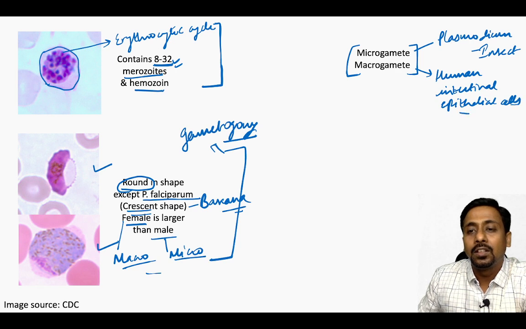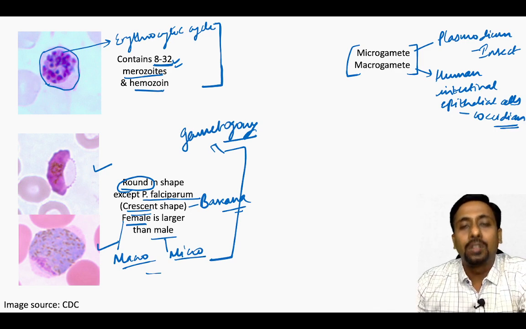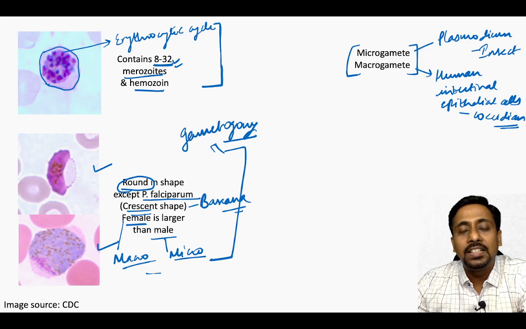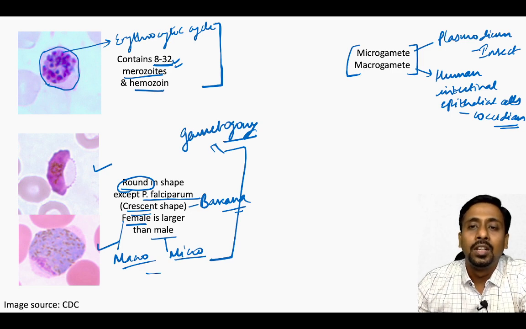So just remember right now that in case of coccidian parasites, the microgametes and macrogametes, that is sexual reproduction, occur inside the intestinal epithelial cell. So in that case also we cannot see them in the stool specimen, and in case of malaria we cannot see them because these are formed inside the insect vector. So microgametes and macrogametes cannot be visualized in peripheral blood smear, but they are actually formed from the macrogametocytes and microgametocytes respectively.